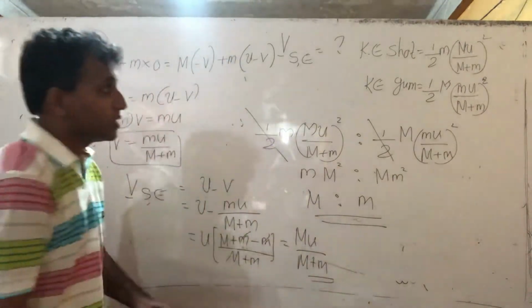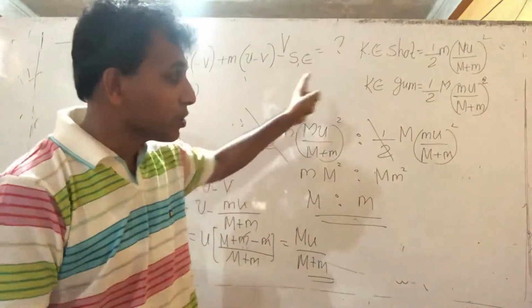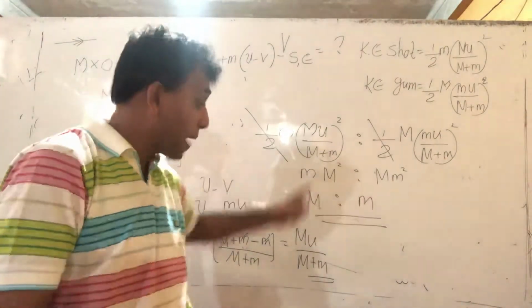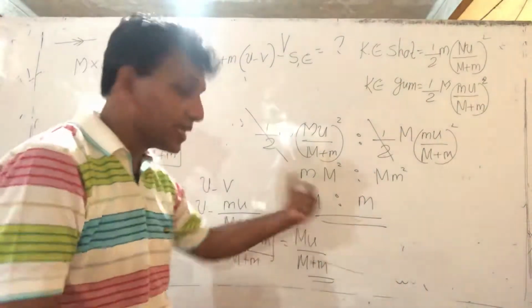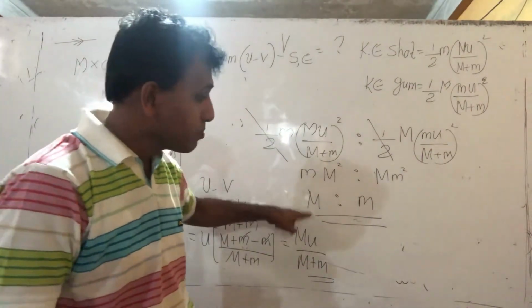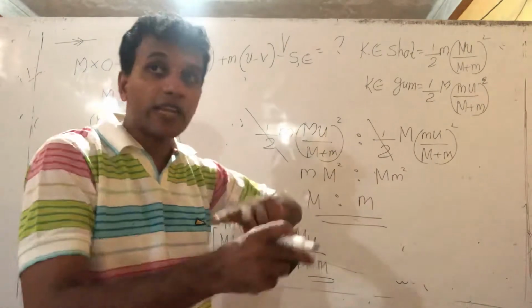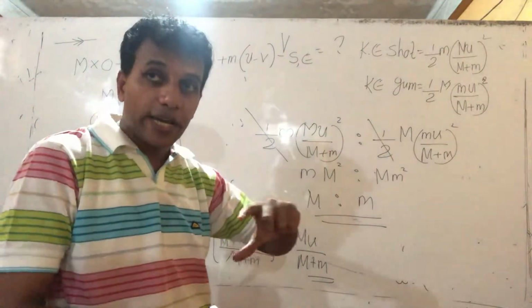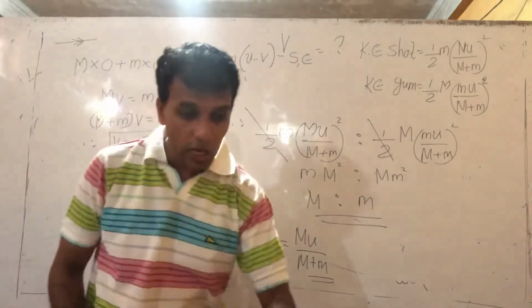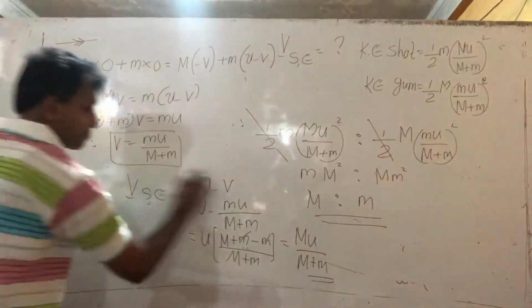Yes, this is for the shot, that's for the gun. The masses are interchanged. That means this is the mass of the gun, this is the mass of the shot. Therefore, inversely proportional. That's the meaning, right? Okay, see question number 9, problem 9.